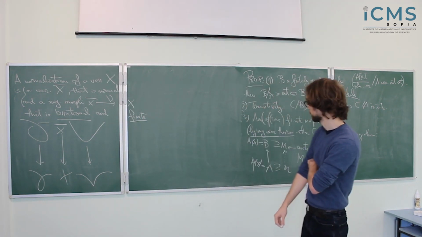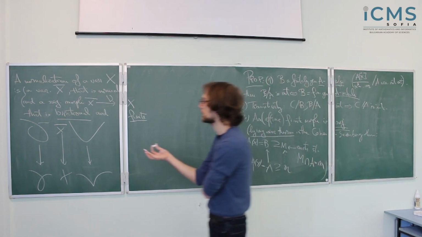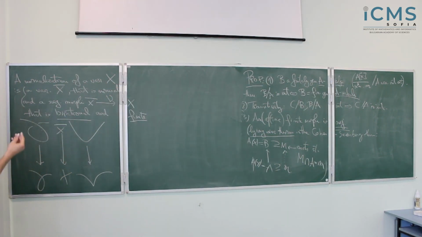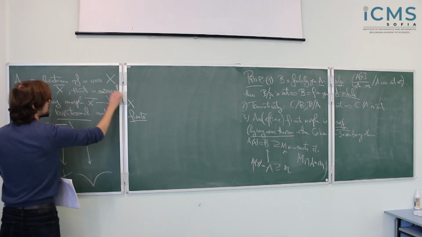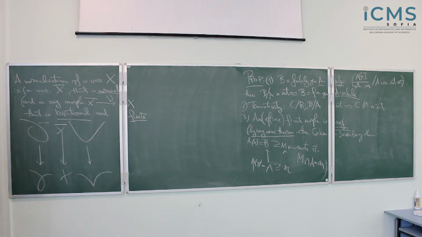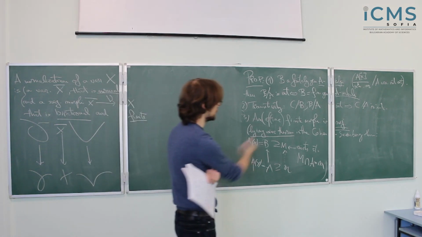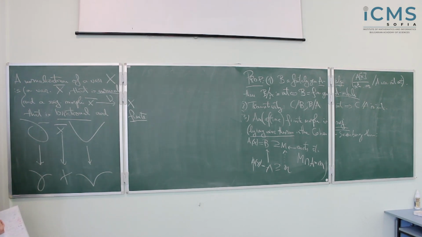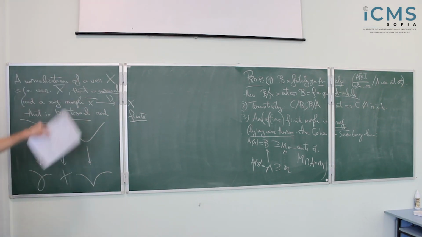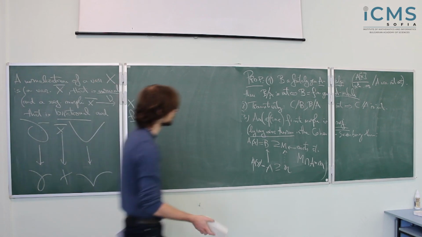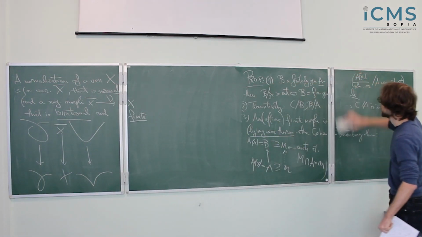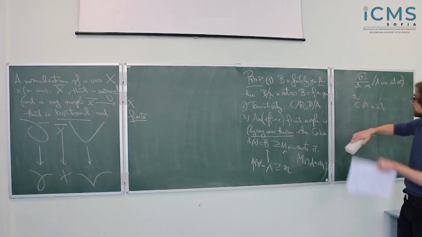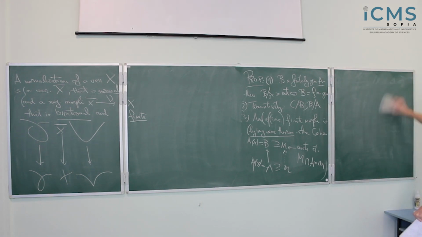Normal is smaller than smooth in general, but it is equivalent to being smooth for curves. So our main objective for the remaining part of the lecture will be to construct the normalization of curves, and we'll see how these concepts and properties come into play in its most basic construction.